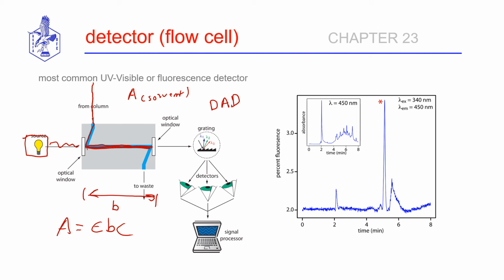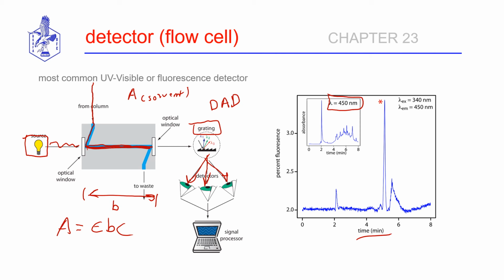Okay, and this is a real-time device. So obviously, as a function of time, we're going to monitor certain wavelengths, and using the diffraction grating, we can detect the intensity of light coming from different wavelengths all at the same time, and we can monitor one specific wavelength.